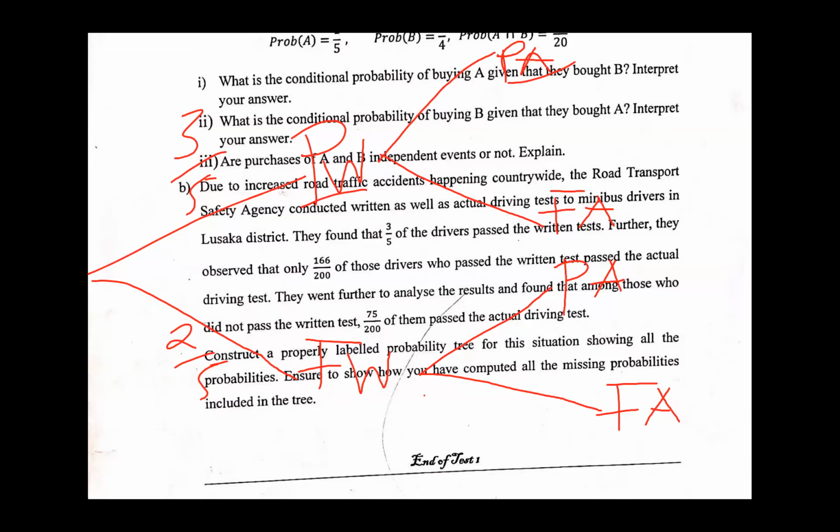So over 200. They observed that only 166 over 200 of those drivers who passed the written test passed the actual test. So it's 166 over 200. How many failed? 30, should be 34. 34 over 200. Right.